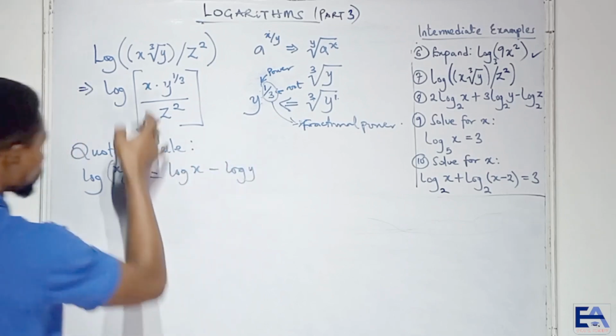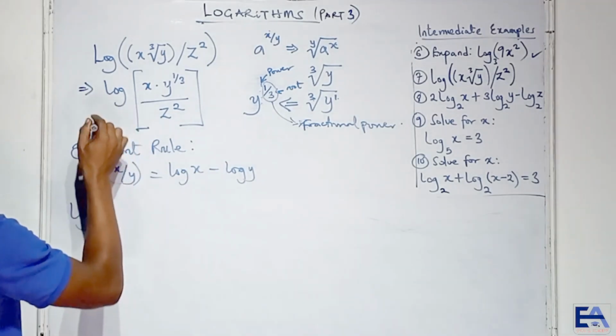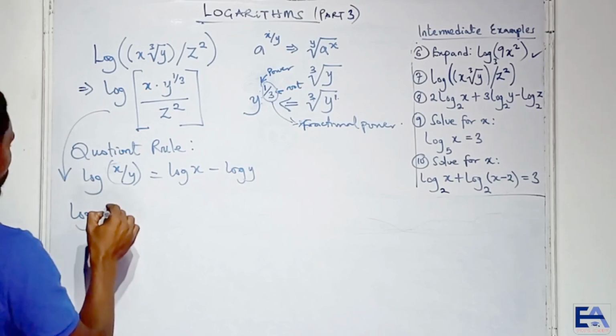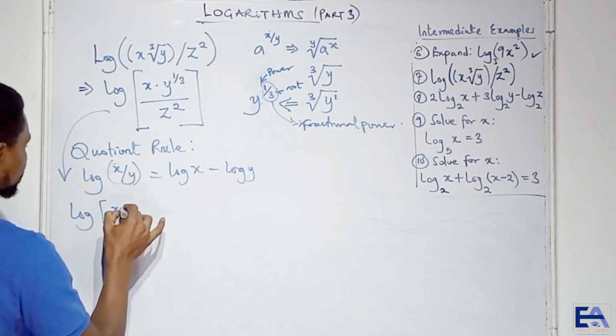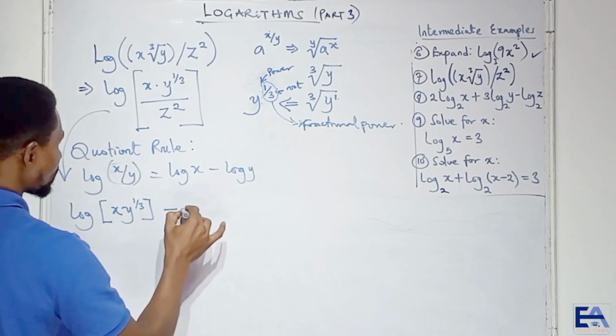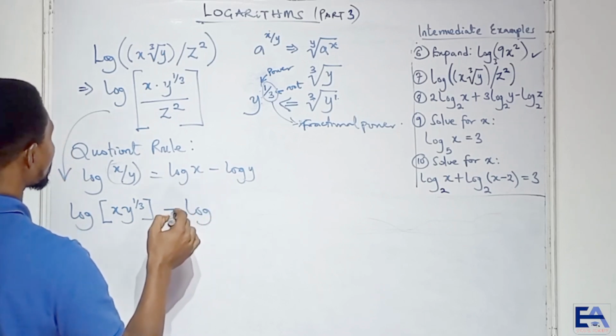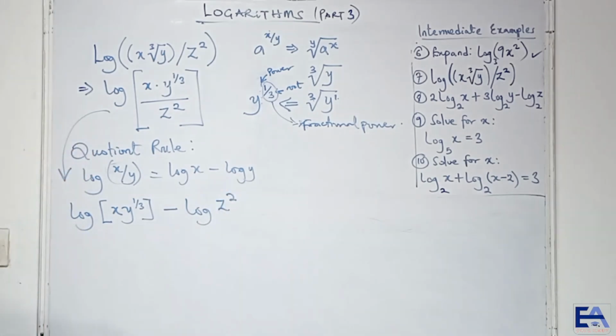So we are now going to have log x y raised to 1 over 3, minus log z raised to 2.